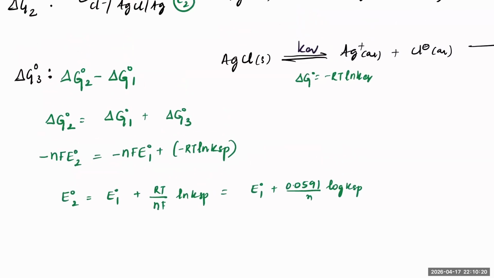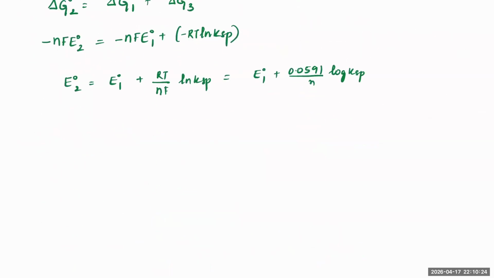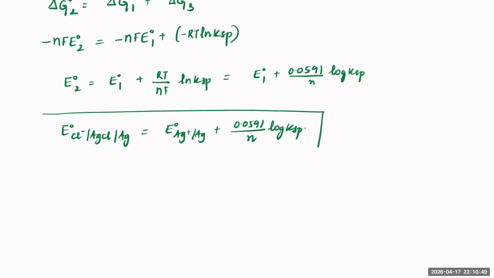So what is E naught 2 now? This is the E naught 2 value, right? Let me rewrite that. So E naught of Cl minus to AgCl to Ag is equal to E naught 1, which is E naught of AgCl to Ag, plus 0.0591 by n log of Ksp. So this becomes a very, very important equation while solving.